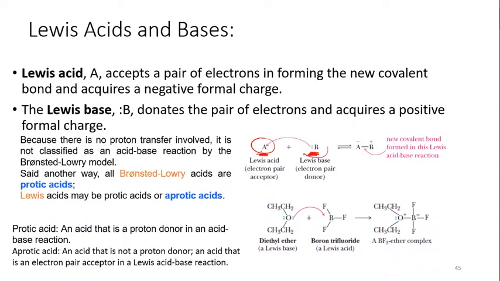They seek the area which has a lower electron density because they have a higher electron density. So the Lewis acid is actually an electrophile, and the Lewis base is actually a nucleophile.